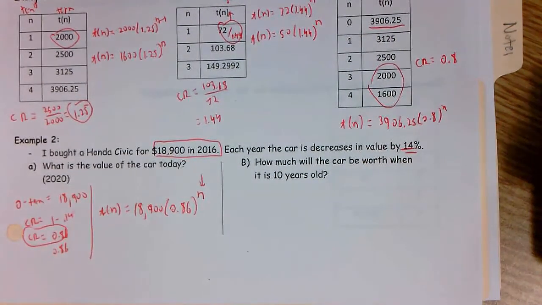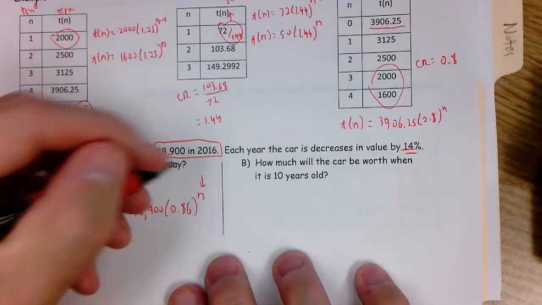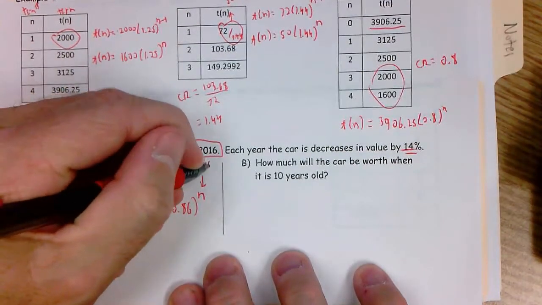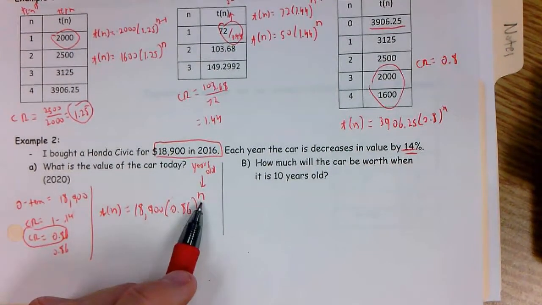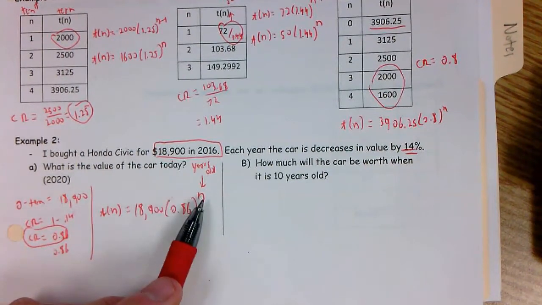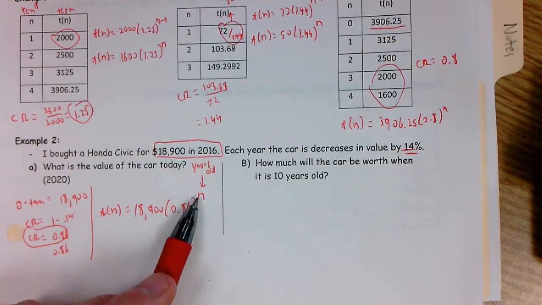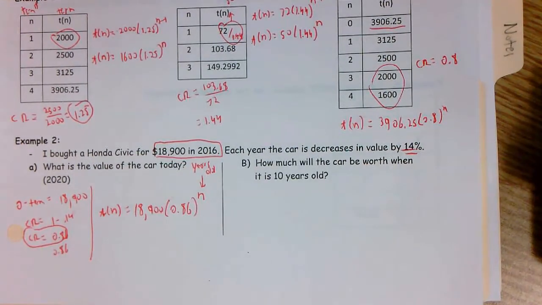What does n represent in this formula? It represents how many years old the car is. All right? Each term number is another year. So when n is 1, the car is 1 year old, and that would be my first term. And when n is 2, the car is 2 years old. That would be my second term in this sequence.